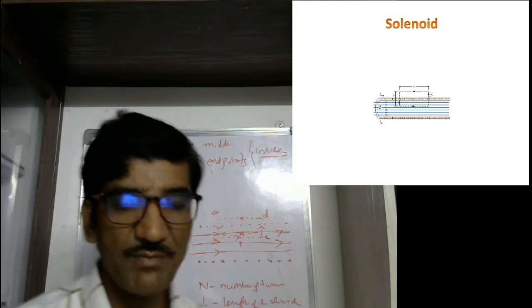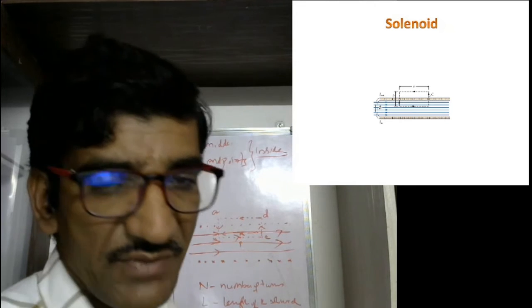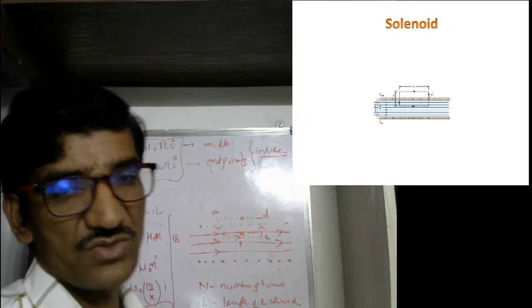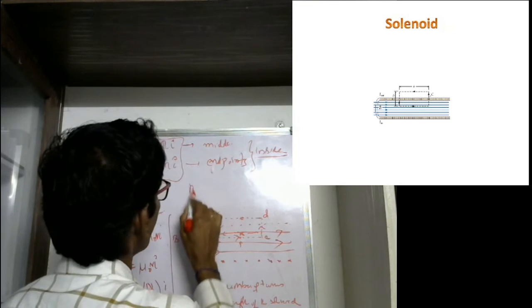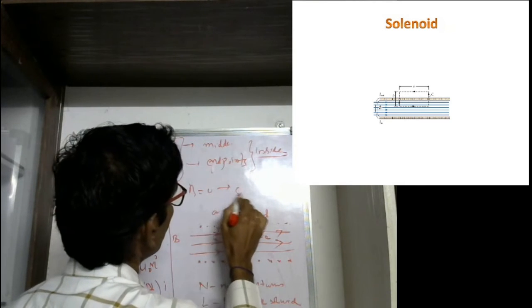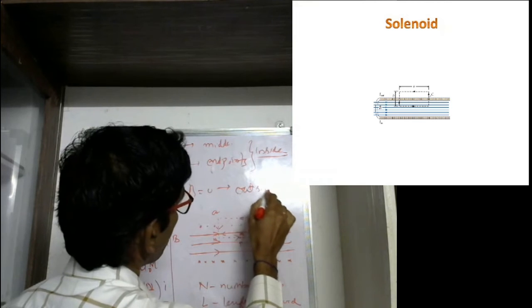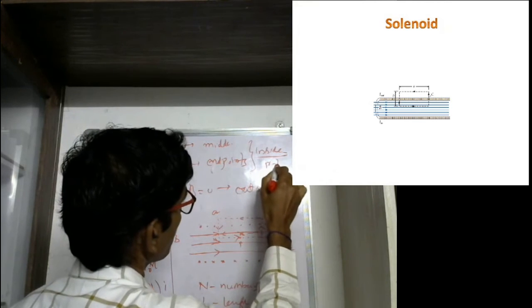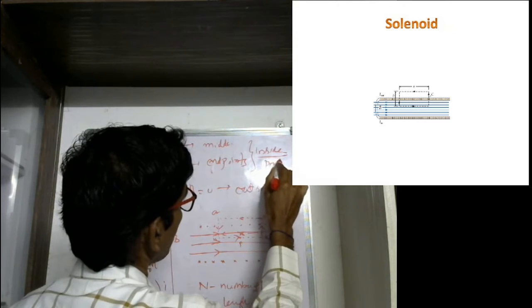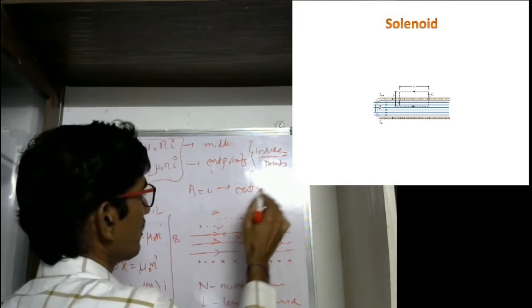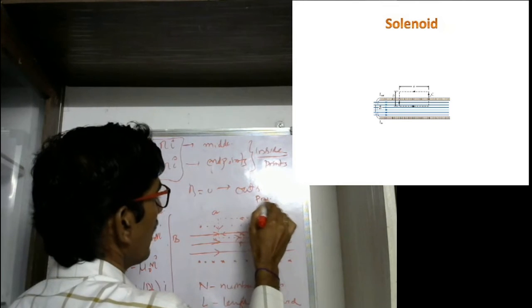What about outside points? I already told you that for any ideal solenoid, B is 0 outside, or very small, that is negligible. So B is equal to 0 for outside points. The earlier formulas are applicable for inside points, and B equal to 0 is applicable for outside points.